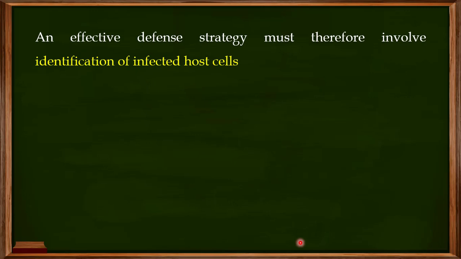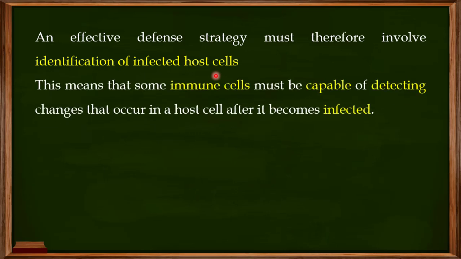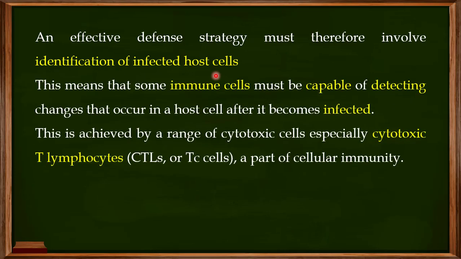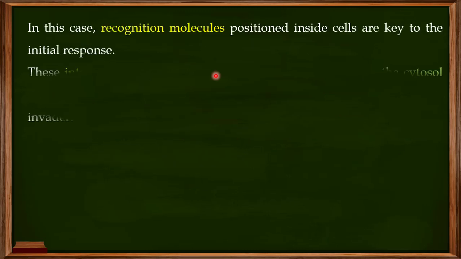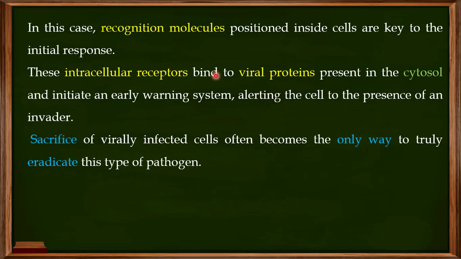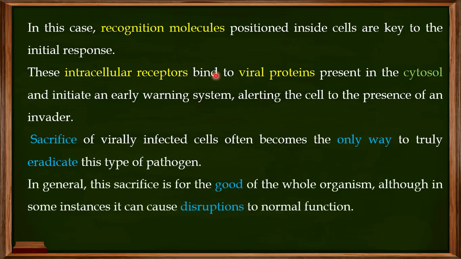One of the important strategies used to deal with this kind of intracellular pathogen is the identification of the infected host cells, and the strategy used to clear them is the sacrifice of these infected host cells. This sacrifice is the only way to truly eradicate intracellular pathogens from the body, and in general it is good for the whole organism.